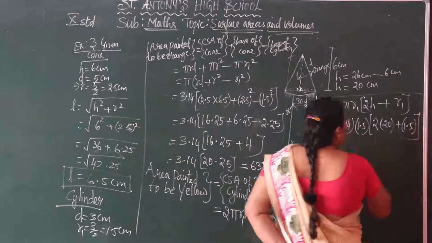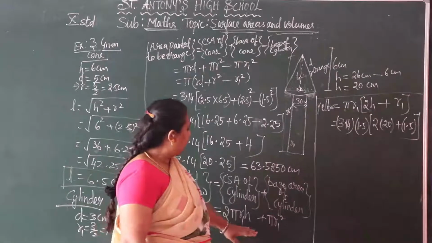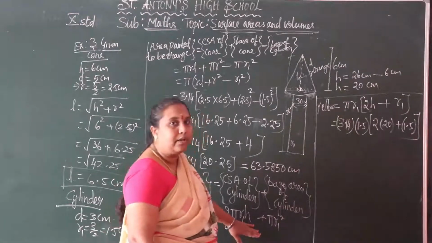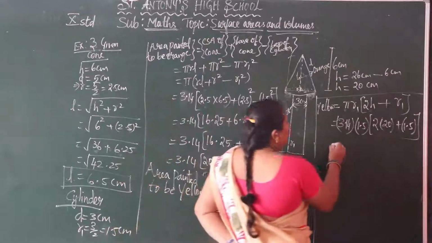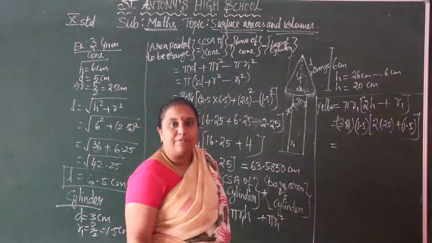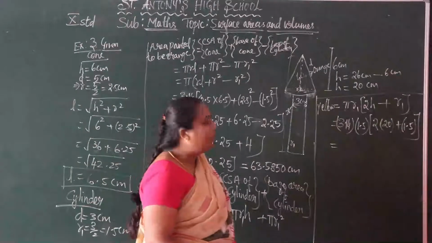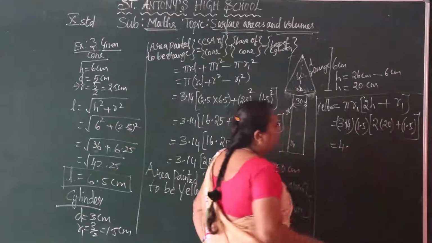One simple mistake can make a big wrong in the answer, so we have to write the formulas carefully. So 3.14 into 1.5 is 4.71.